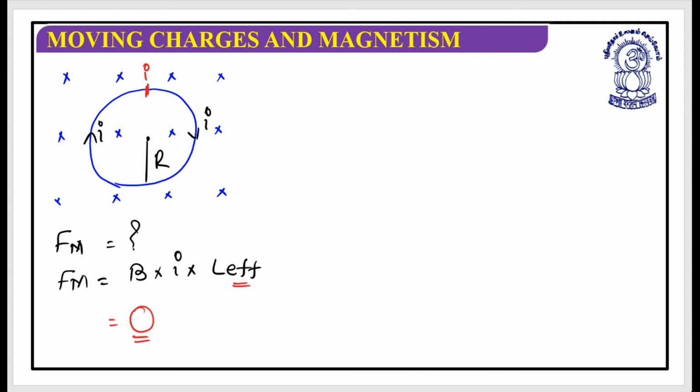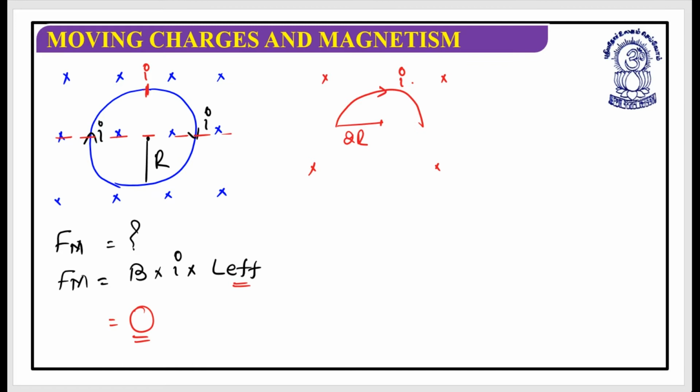Let's check it out. Let's assume this coil in two segments. I'm going to divide this into these two segments, something like this. The magnetic field is inside the plane, this is the direction of I, and this is the 2r.